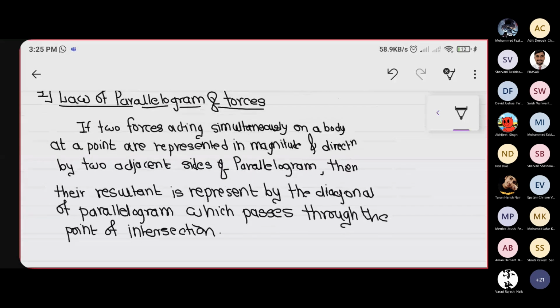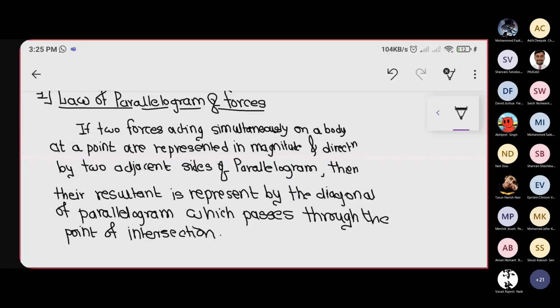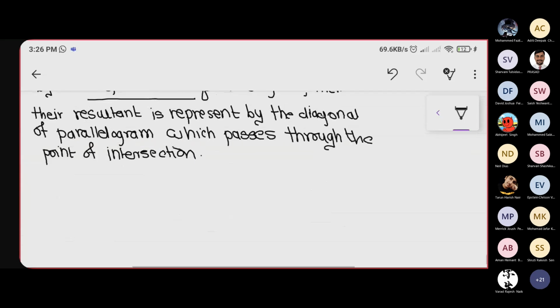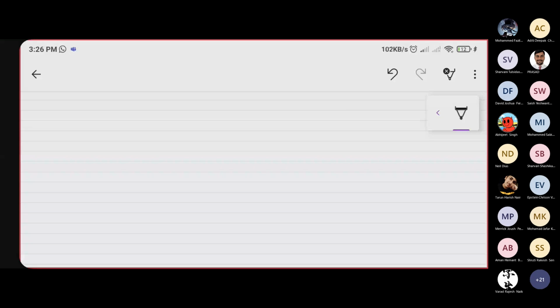Okay, what it represents: if two forces acting simultaneously on a body at a point are represented in magnitude and direction by two adjacent sides of a parallelogram, then the resultant is represented by the diagonal. What is a resultant force? I already explained: it is a single force which replaces the force system or a number of forces. So let's do it. Let's consider two forces, this one and this.